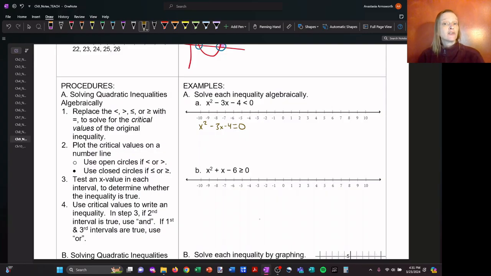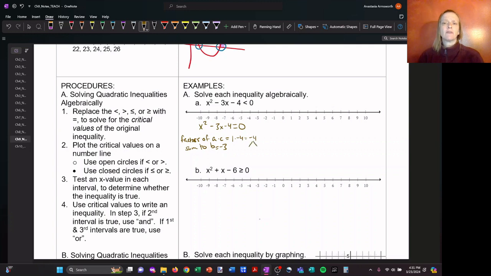I want the factors of AC, which is 1 times negative 4, which is negative 4, that sum to B. My B value is negative 3.